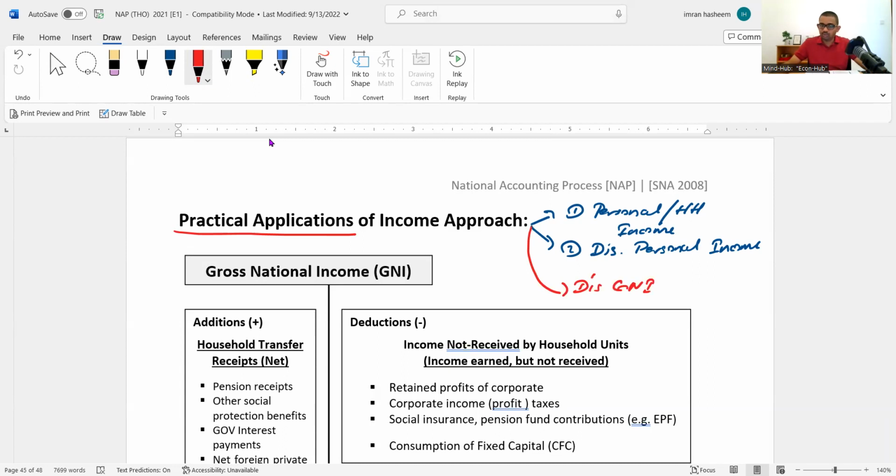approach. You need to know how to estimate them, especially when it comes to personal income. I explained to you guys last week in the physical classes the logic for what we add and the logic for what we deduct.